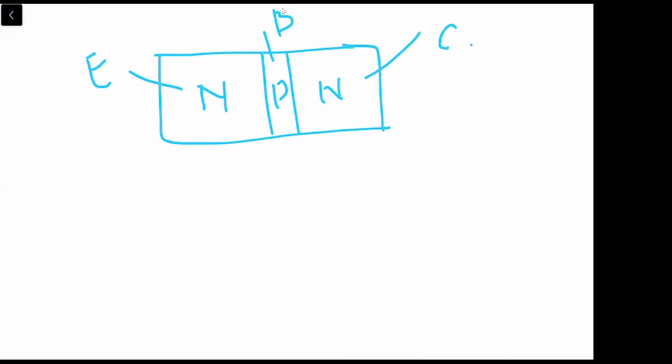Again, to have the normal operation, the base collector junction needs to be reverse biased. How can we make this reverse bias? We provide the biasing in such a way that the collector is connected to the positive side and the base is connected to the negative side of a DC source. Let's suppose the DC source is VCC. Are you with me?